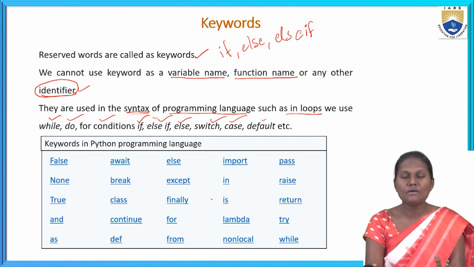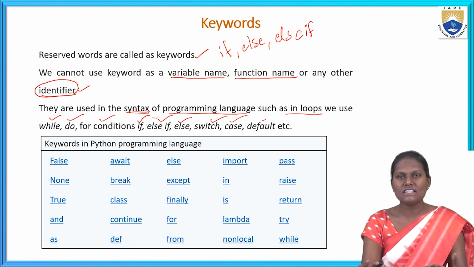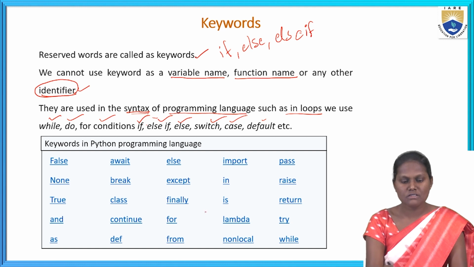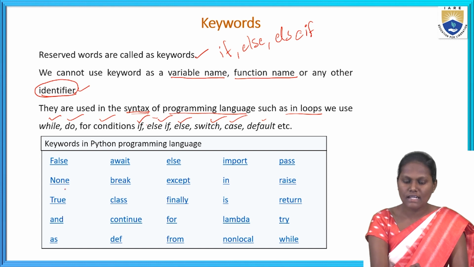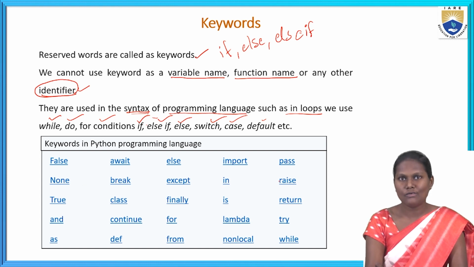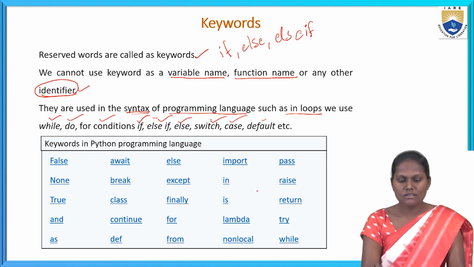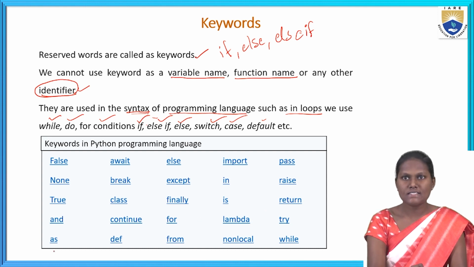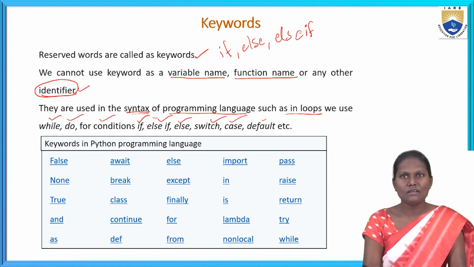Here I had given some of the keywords that we mainly see in our programs, some examples also: False, await, else, import, pass, None, break, except, in, raise, True, class, finally, is, return, continue, for, lambda, try, as, def, from, nonlocal, while. These are all keywords in the Python programming language.